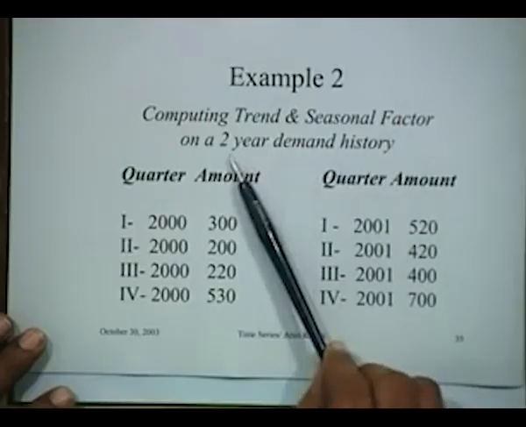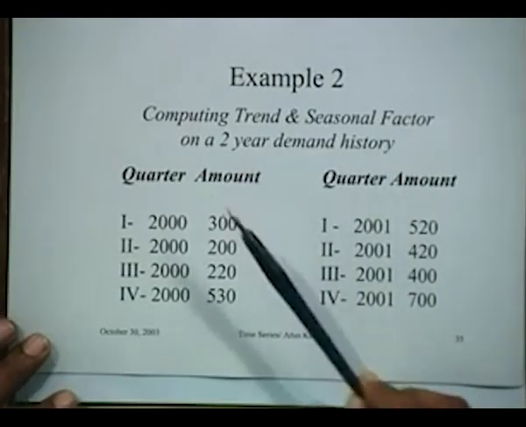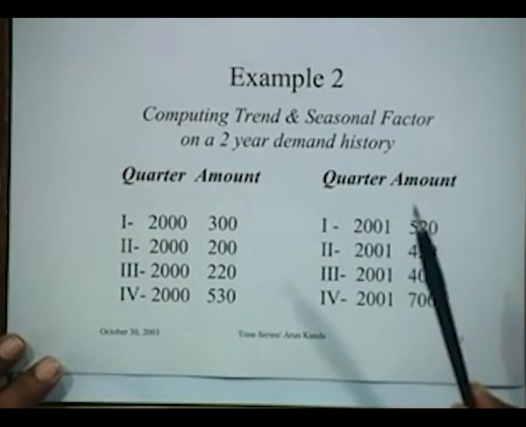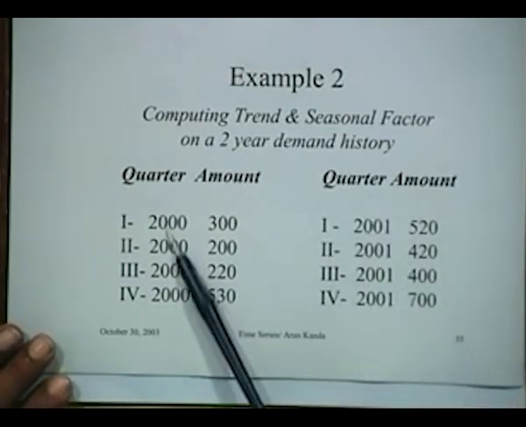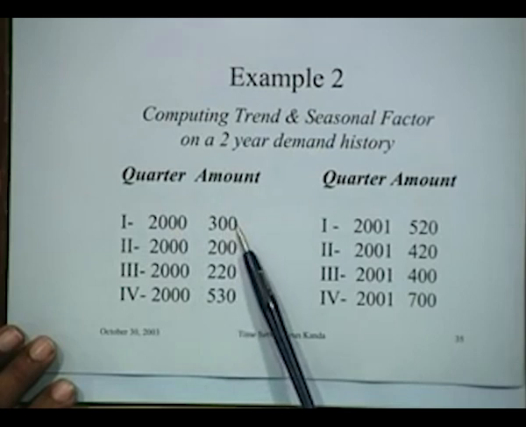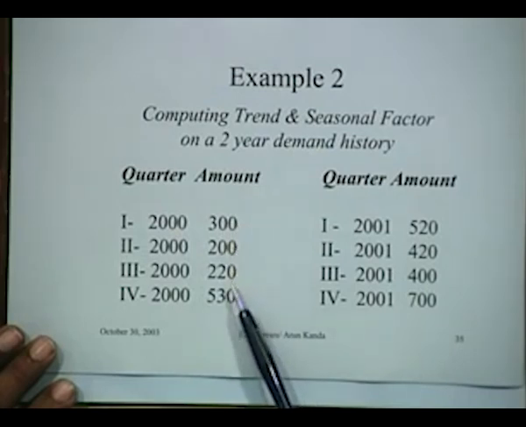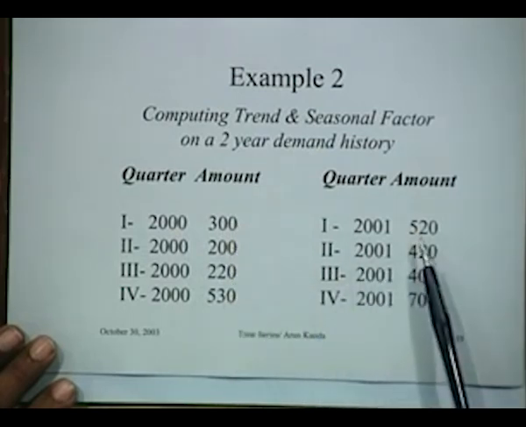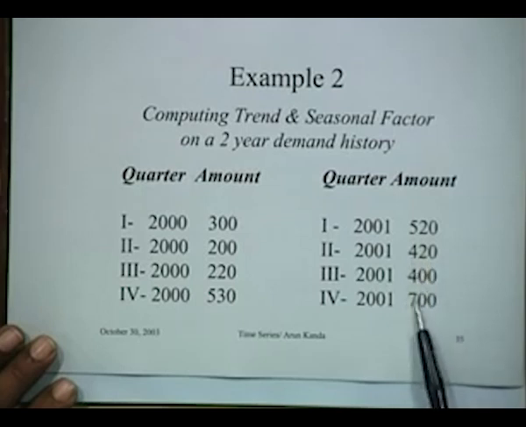Let's say that we want to compute the trend and the seasonal factor on a 2-year demand history. Okay, which means we have data for 2 years. This is the first quarter of the year 2000. So demand is 300, 200, 220, 530, and then 520, 420, 400 and 700.